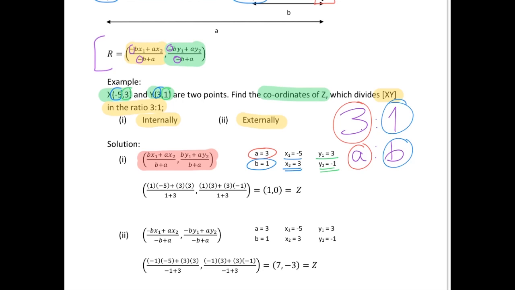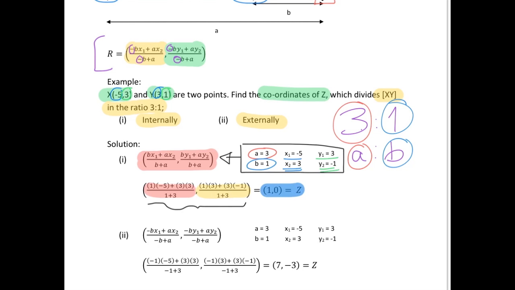So once we have all of these details, we just need to fill them into our formula on the left. And once we fill all of those details in, we'll get this as our x coordinate and our y coordinate. And once we simplify these points, we end up with the point Z being the point 1, 0.